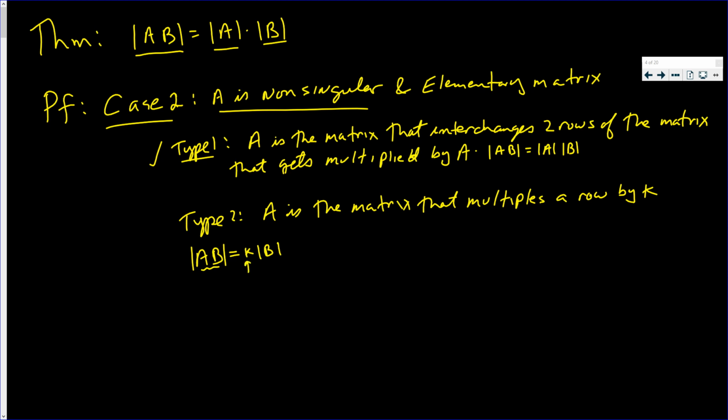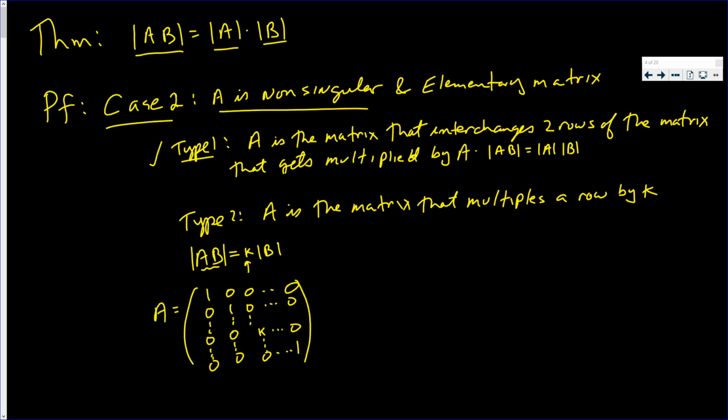I just need to show that the determinant of A is K. Well, that matrix is the identity matrix where one entry on the diagonal is K. Now, this is clearly a diagonal matrix. So the determinant is the product of the elements on the diagonal.